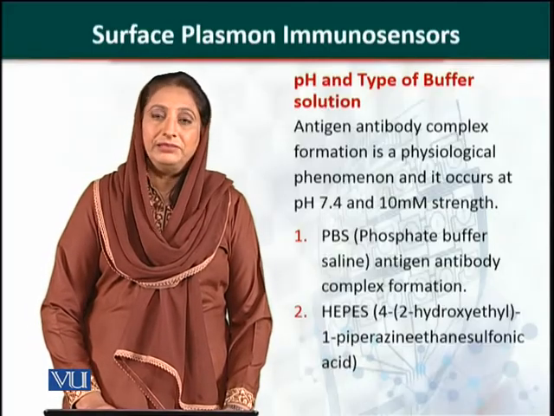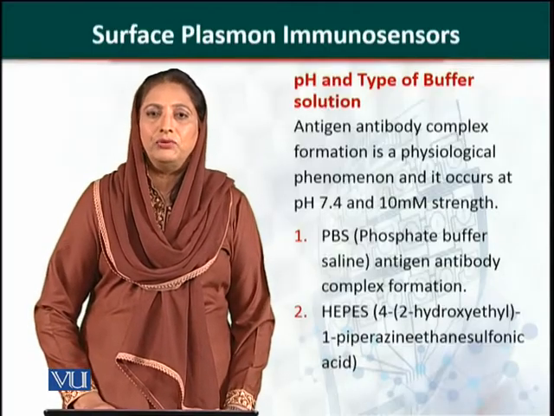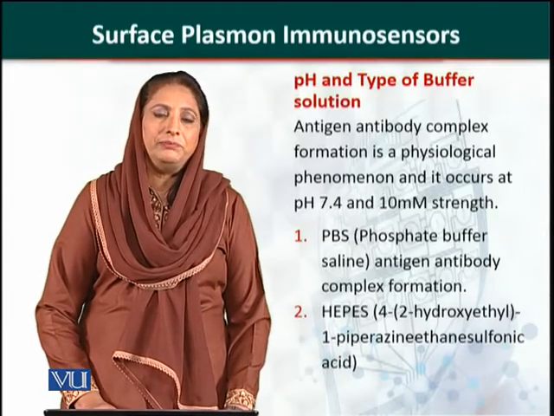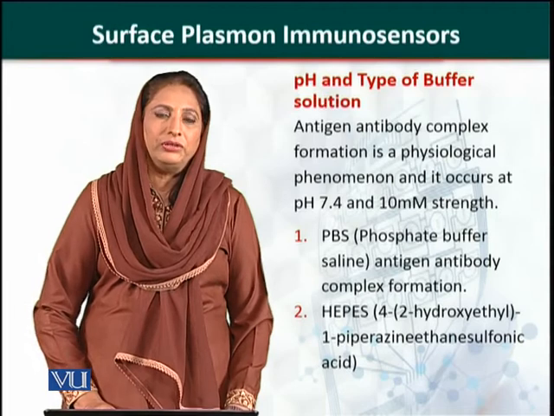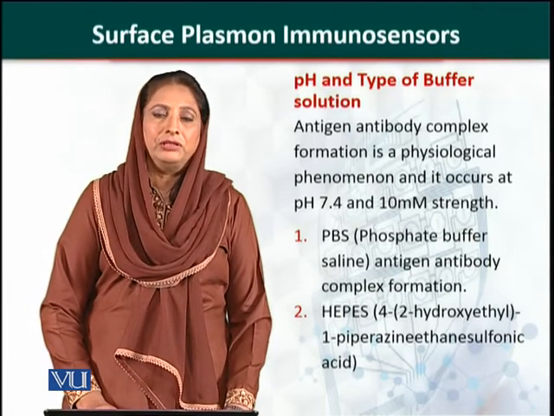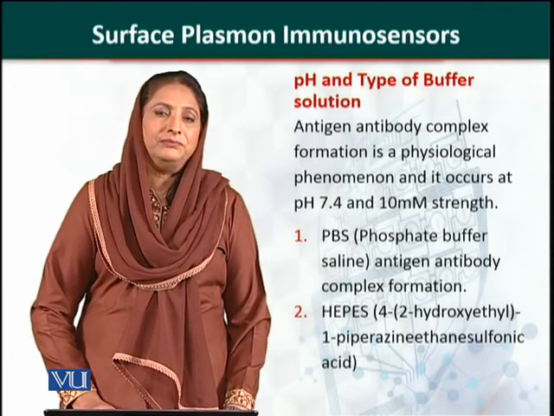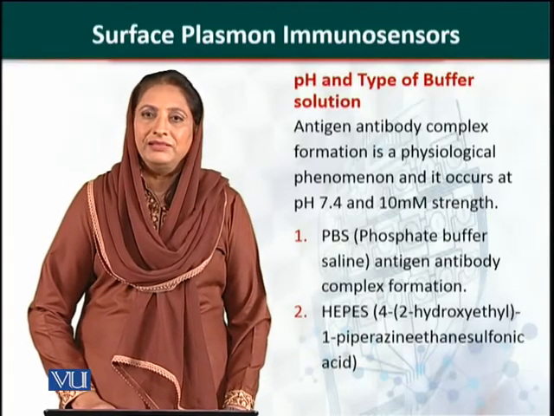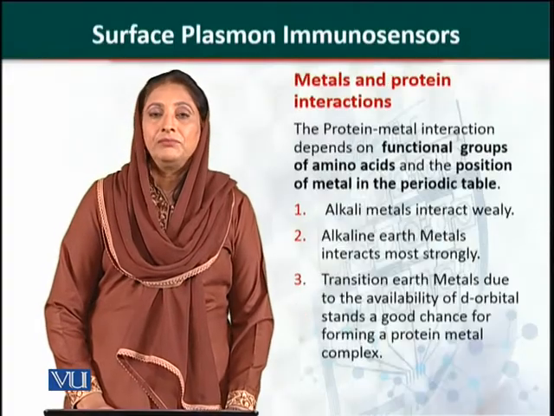One of them is PBS. PBS is phosphate buffered saline. It contains phosphate, sodium and chloride ions. They do not interfere with the complex formation. The other system that is recommended for the surface plasmon immunosensor is the HEPES buffer system.